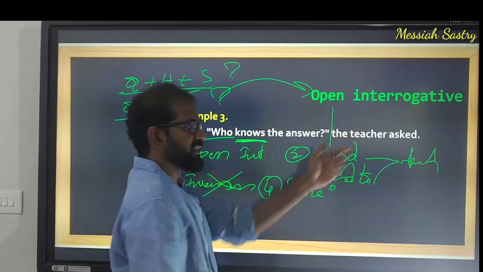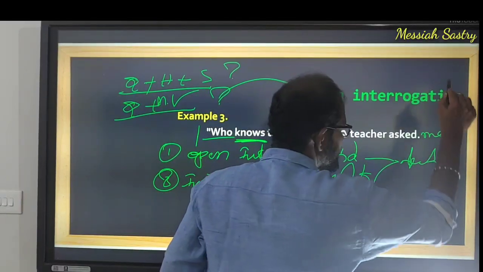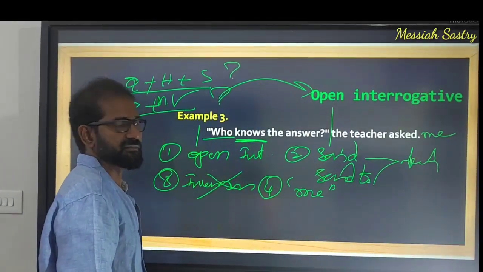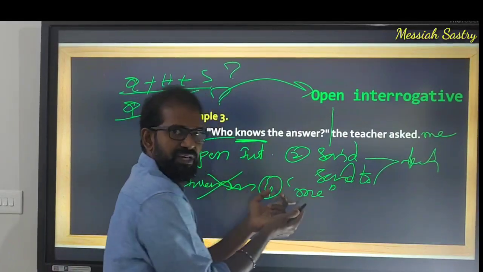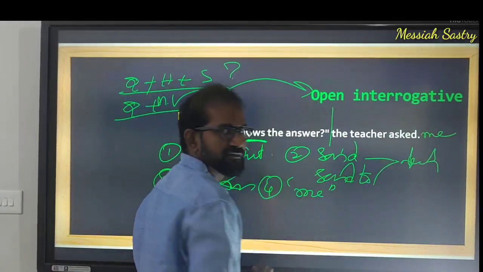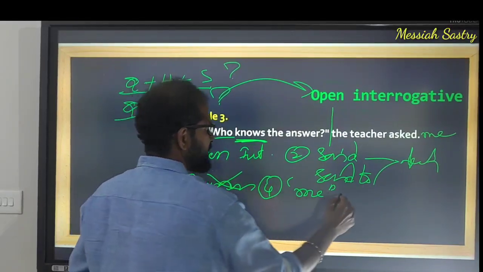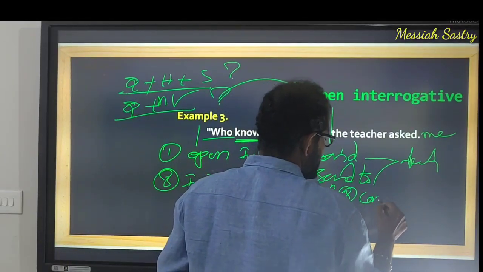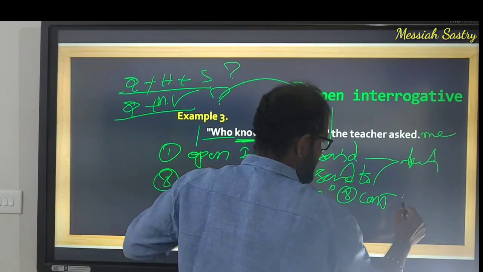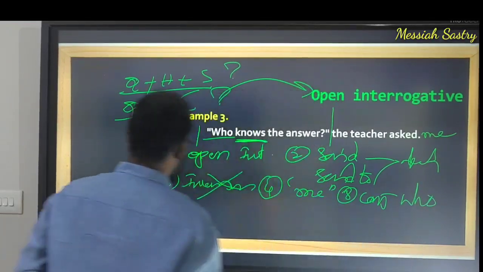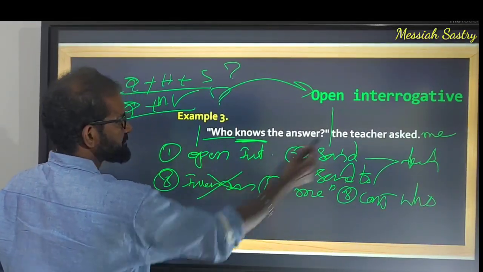No listener. Then you need to consider me. There is no listener, so you need to use me as the listener. So teacher asked me. Fifth point, conjunction. What is the conjunction? Same question word. Who? Let us write the answer.